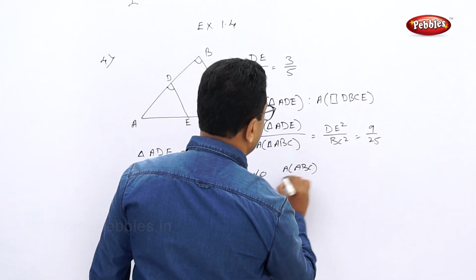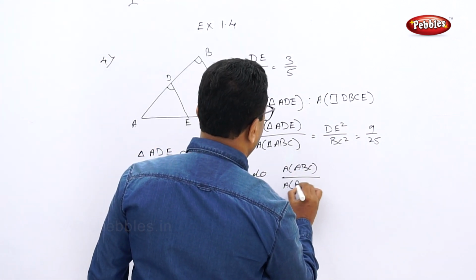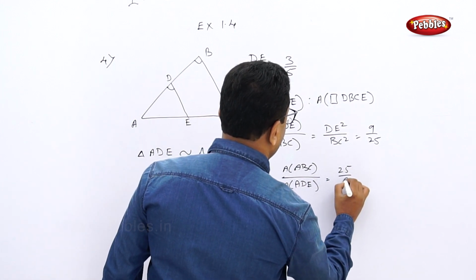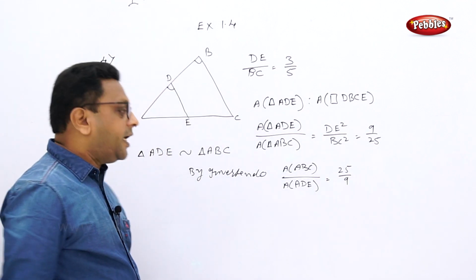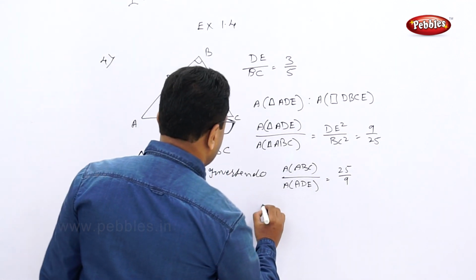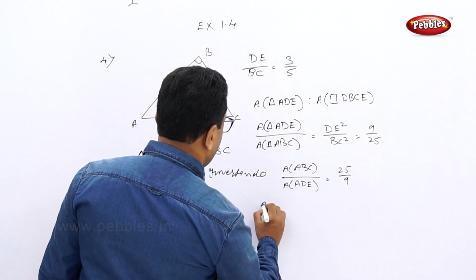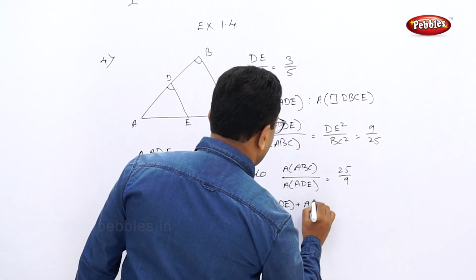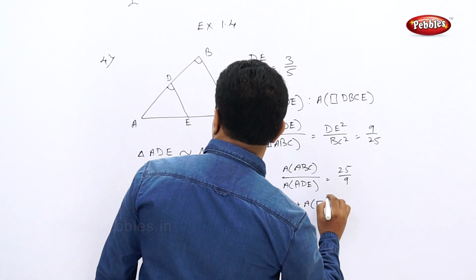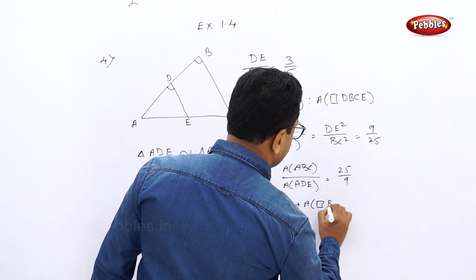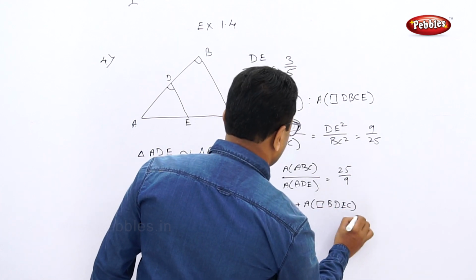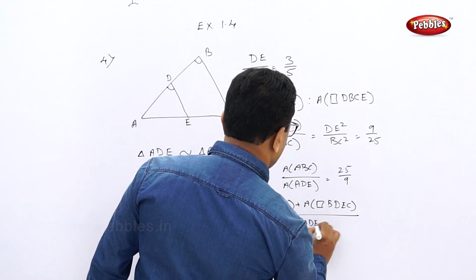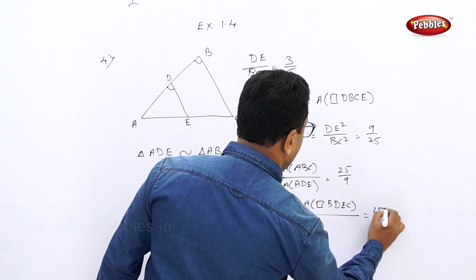Area ABC upon area of ADE is equal to 25 upon 9. But ABC is nothing but area of ADE plus area of quadrilateral BDEC upon area of ADE is equal to 25 upon 9.